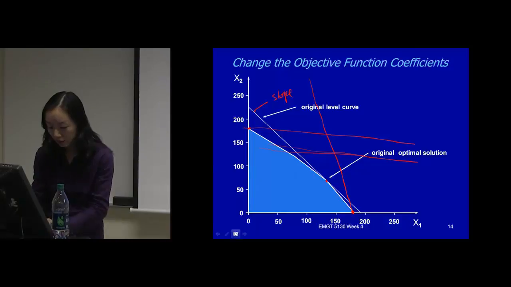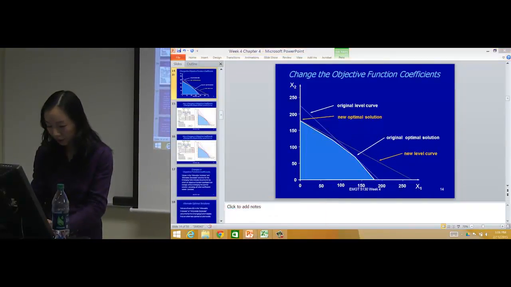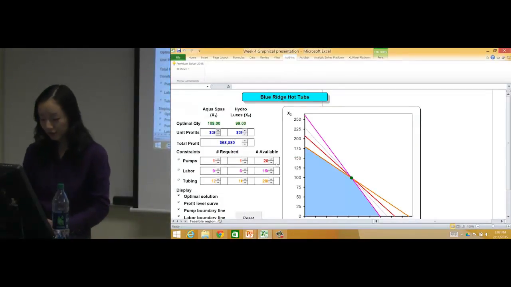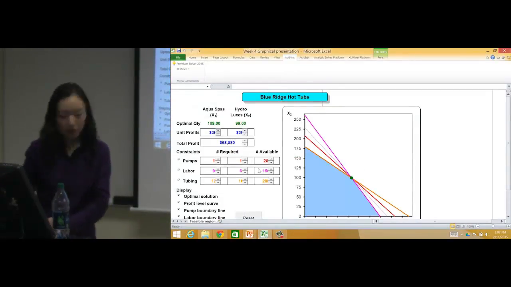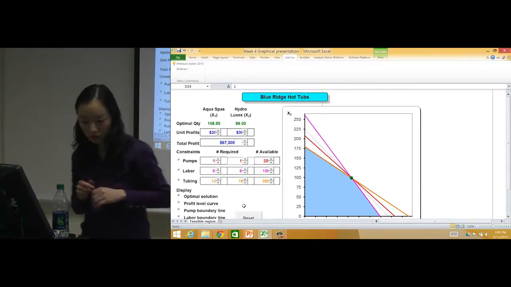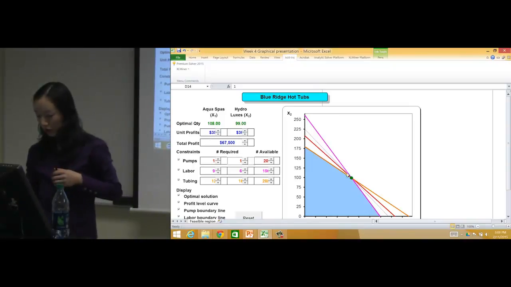So let me go to this graphical representation here. Sorry, those arrows are really blocking some of the values here. So originally, this is the point.